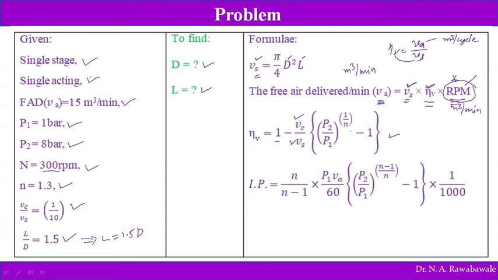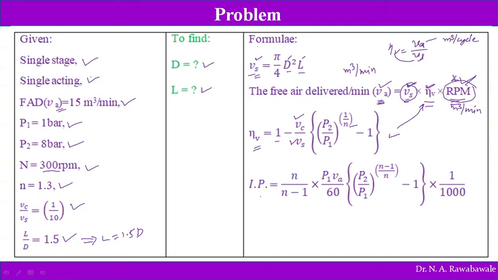P2 we know, P1 we know, n value we know, so volumetric efficiency can be obtained and substituted. RPM is given and VA is given, so from this we can find out Vs. This Vs helps us to find out the dimensions. Once we know Vs, we substitute it here and we can find out d and l.